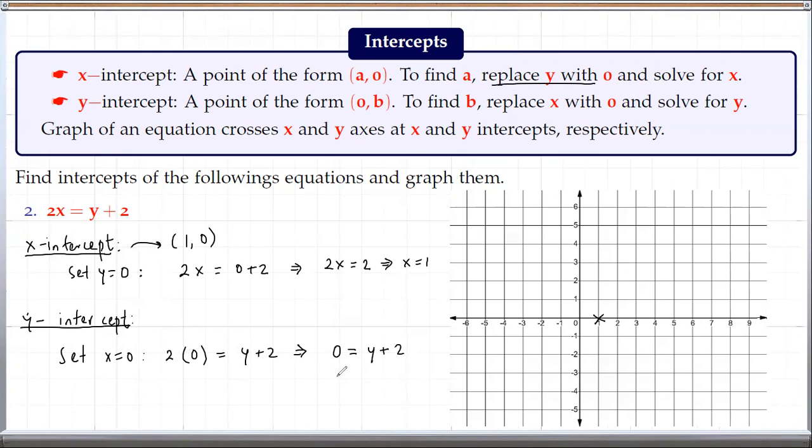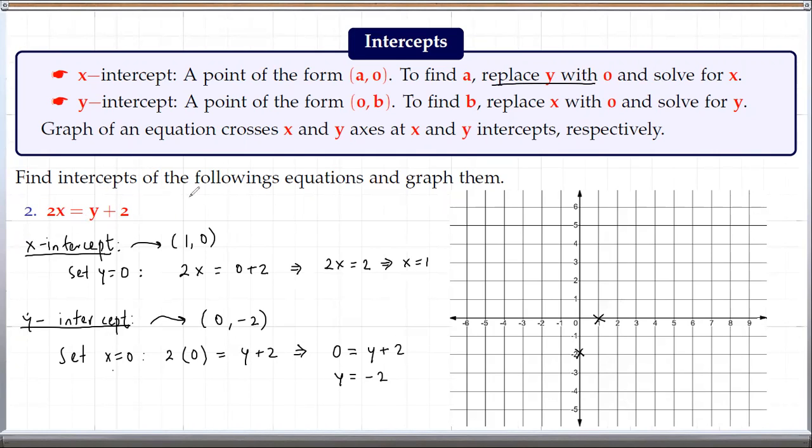If you subtract 2 from both sides, we get y equals negative 2. So the y-intercept is (0, -2). x is 0 and y is negative 2. (0, -2) is right here. So these are the x and y intercepts.